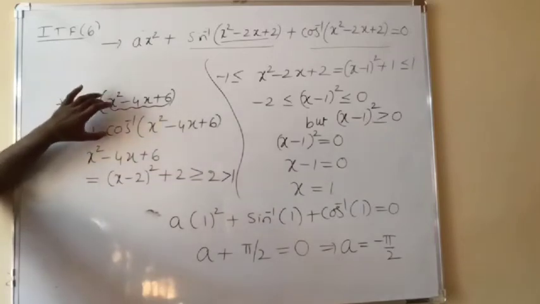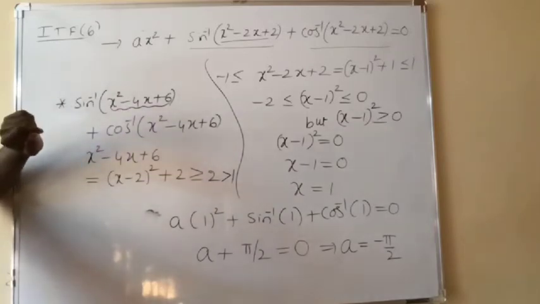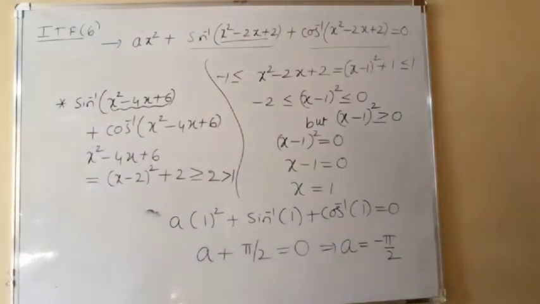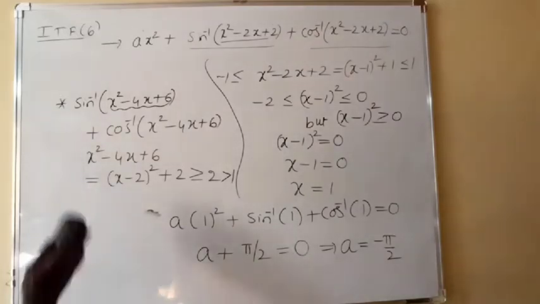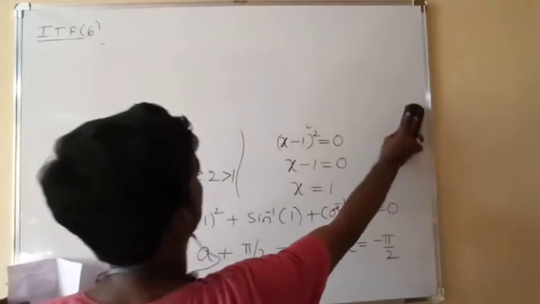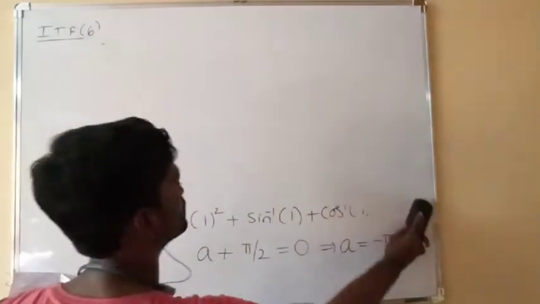So the domain of this function is the empty set. So this sum cannot be equal to pi by 2. Okay. But learn the formulas, and be careful with them. This inverse trigonometric function problem was easy only.